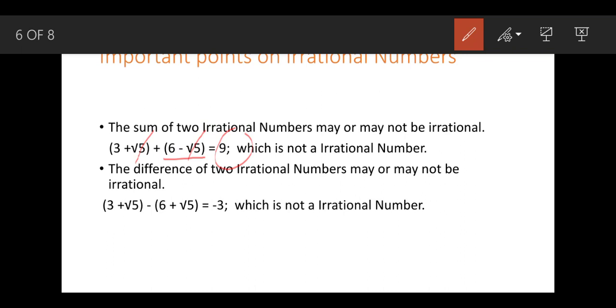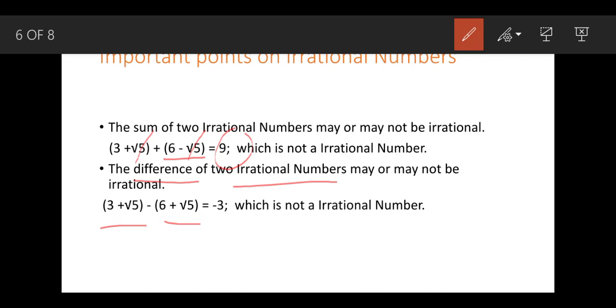Now, taking another point, the difference of two irrational numbers may or may not be an irrational number. Again, taking an example, 3 plus root 5, it is an irrational number. 6 plus root 5, it is an irrational number.